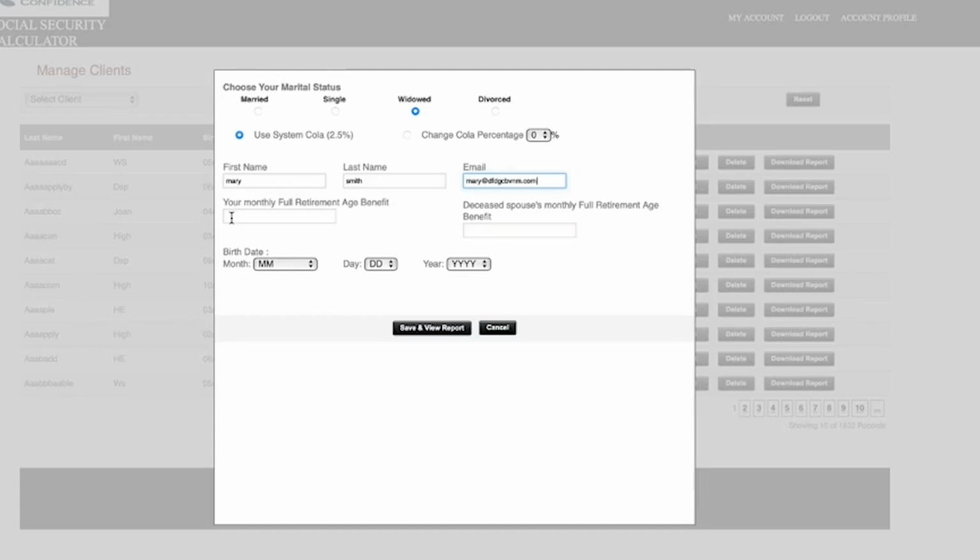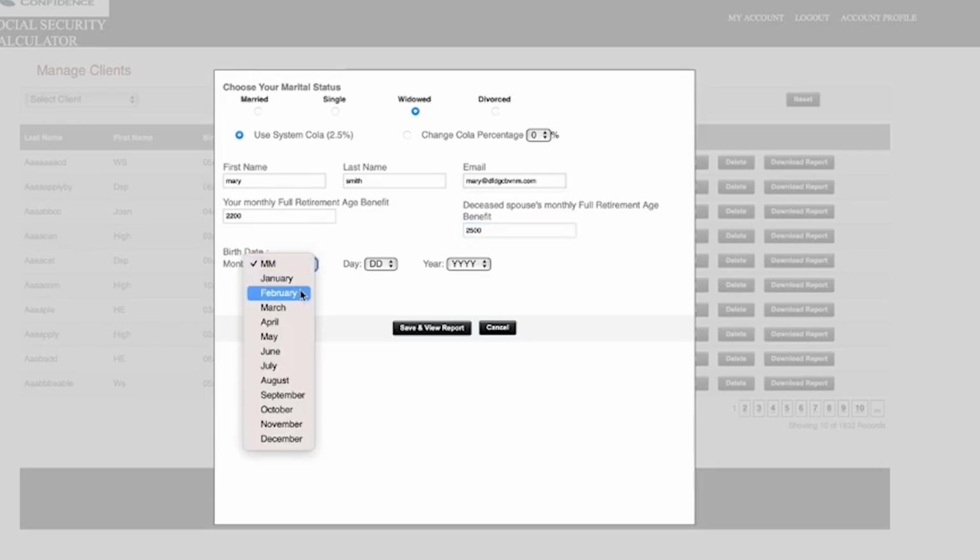Okay. Now for this example, I'm going to assume that Mary has her own Social Security benefit, and her full retirement age benefit would be $2,200 a month. That's if she waits to her full retirement age. And her husband, who say died a number of years ago, his full retirement age benefit is $2,500 a month, and that'll be the survivor benefit.